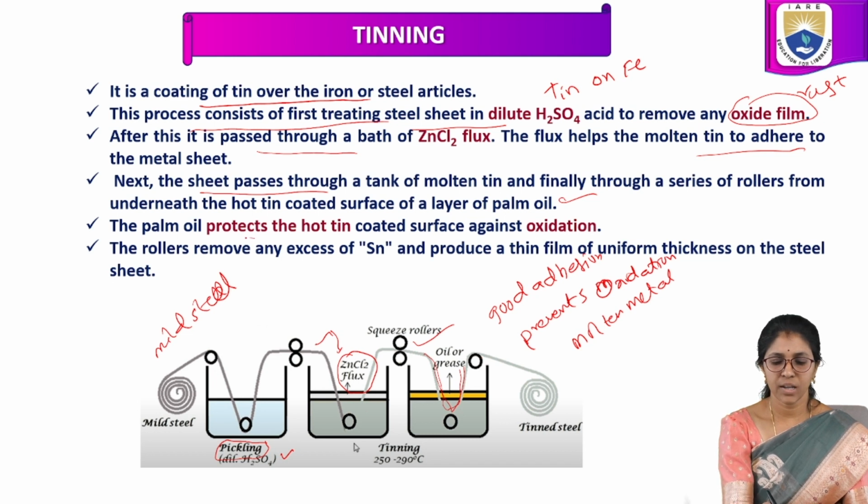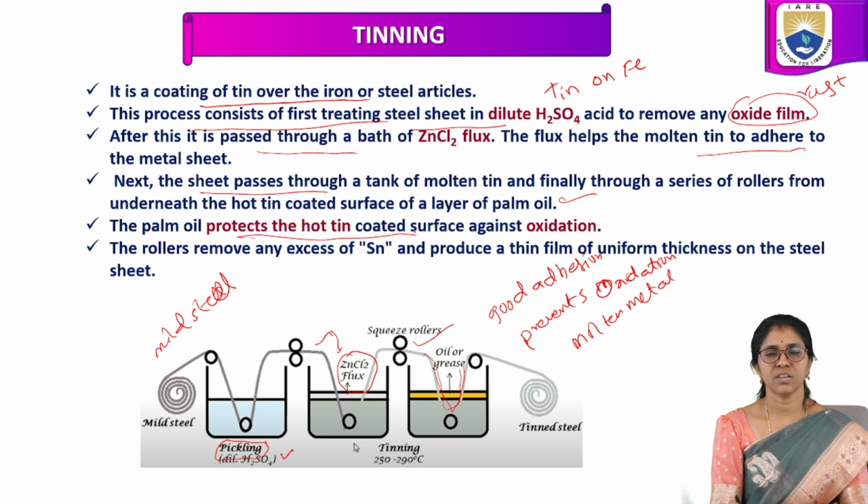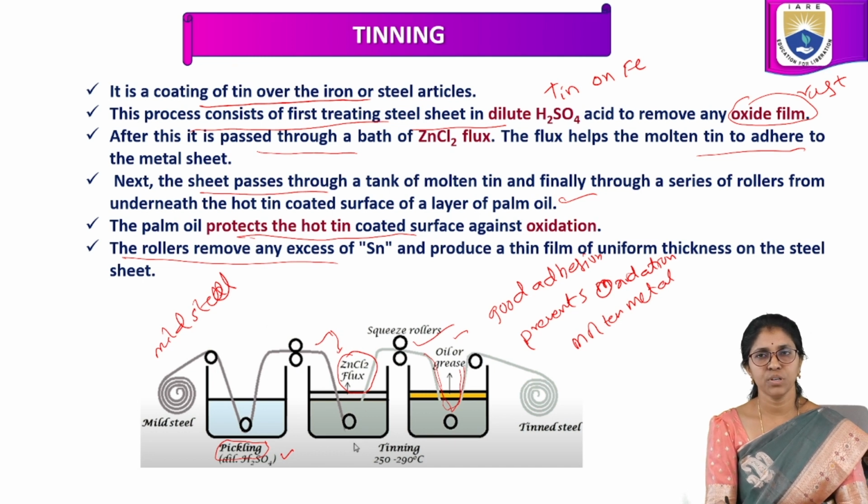This palm oil protects the hot tin coated surface against oxidation. The rollers remove excess tin and produce a thin film of uniform thickness on the steel sheet.